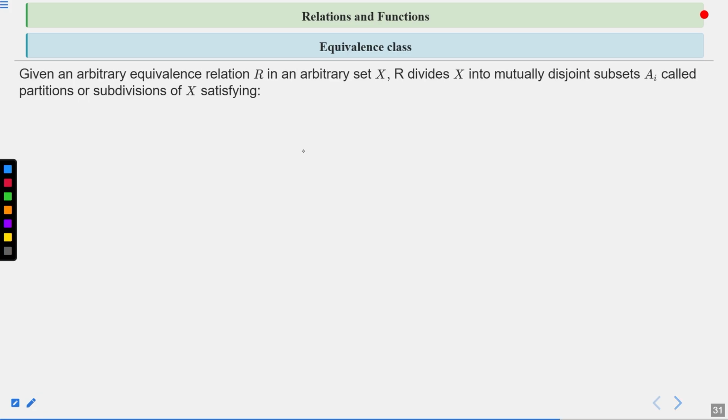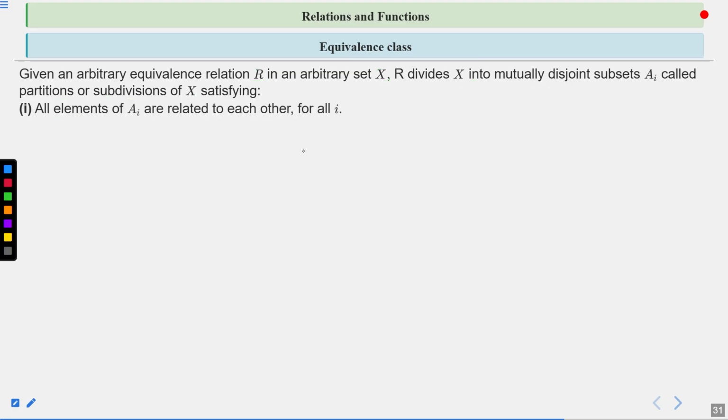Now, equivalence class. Given an arbitrary equivalence relation R in an arbitrary set X, R divides X into mutually disjoint subsets Ai, called partitions or subdivisions of X. So you have an equivalence relation R and a set X, and this relation R divides the given set X into mutually disjoint subsets Ai called partitions, satisfying some conditions.